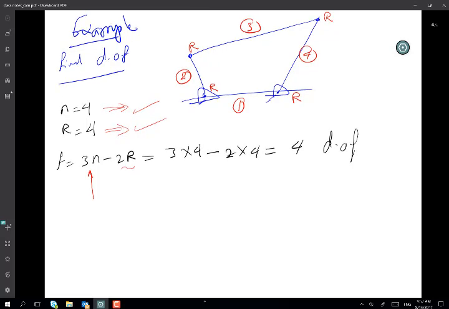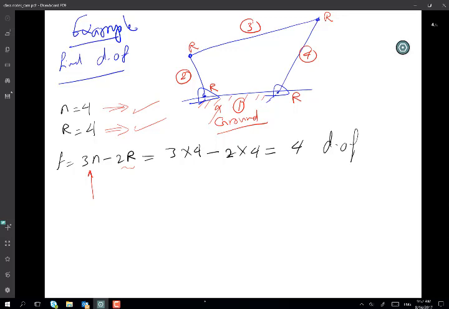Where I went wrong is when I said 3 times n, because I assumed all 4 links can move. I assumed all 4 links have 3 degrees of freedom. I didn't take into account that I have a link which is stationary. We refer to this as a ground. Every mechanism should have a ground.